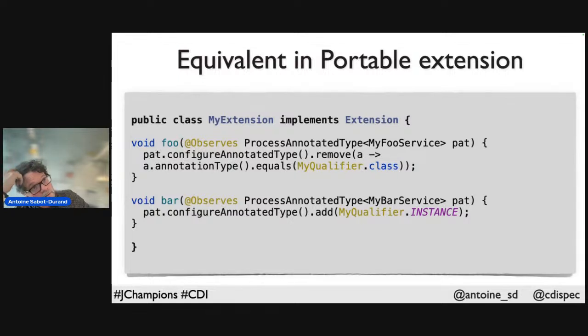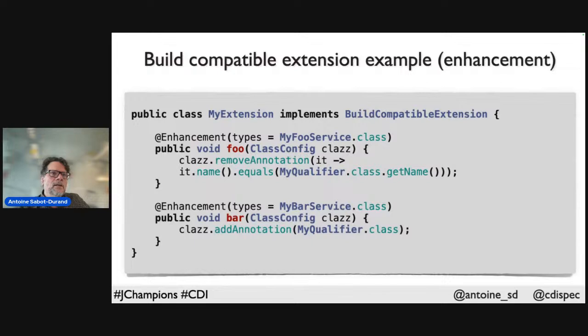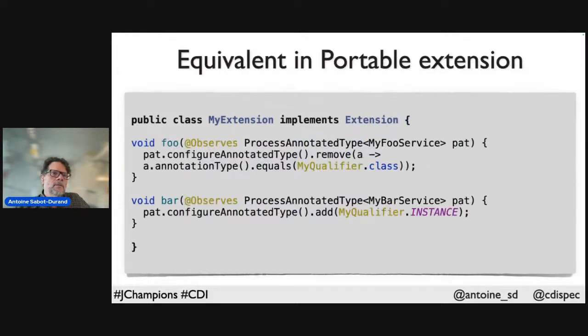And I'm looking for the process annotated type event with the type myFooService. With this process annotated type, I can use the configurator in CDI 2. So I use the configure annotated type, and I remove the annotation myQualifier. So as you can see, it's roughly the same way of doing things with another model for the classes.